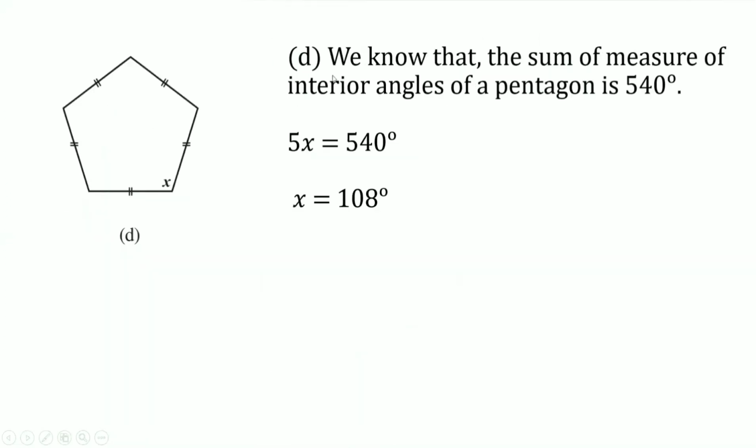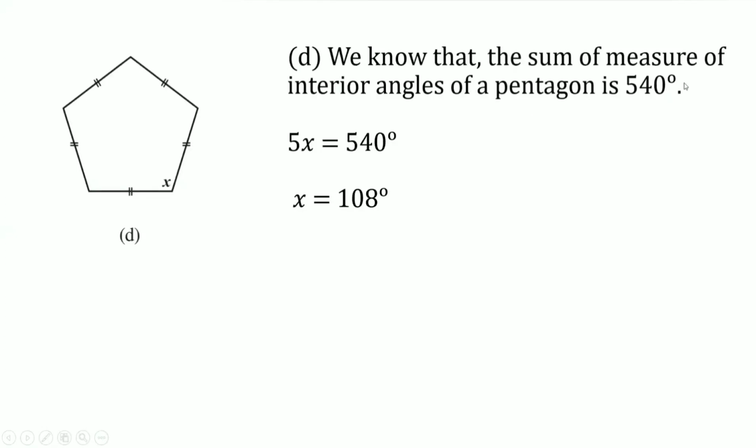Last one. Here we are given 1, 2, 3, 4, 5 sides in this diagram. So it is a regular pentagon because it shows that all the sides are equal. Because it is a regular pentagon, all the angles will also be equal. Just one angle x is given. This means all the angles are x.